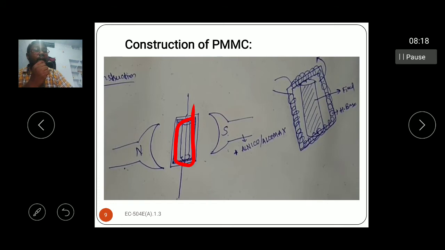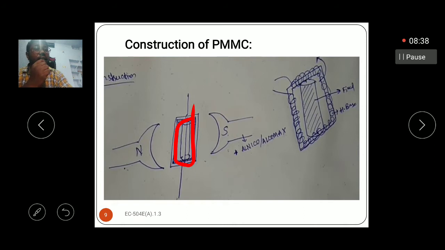Around the aluminum base we are having the coil. Inside the aluminum base we are having a cylindrical shape core, that is the cylindrical iron core.